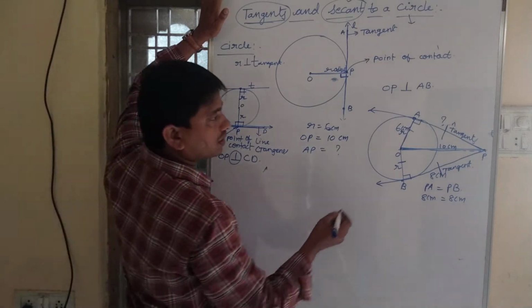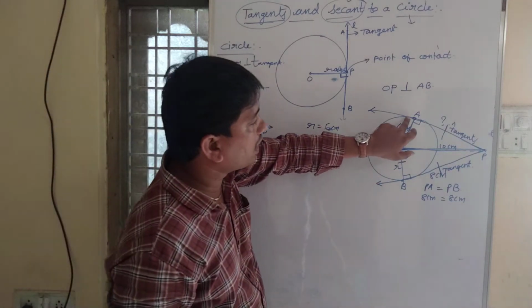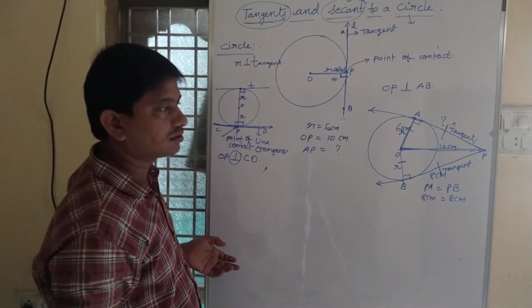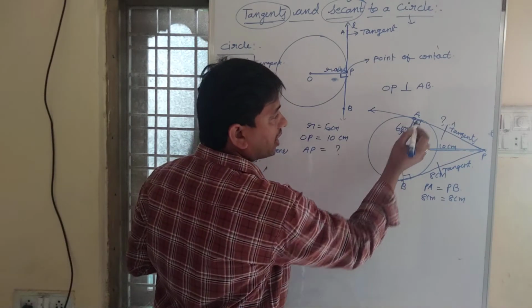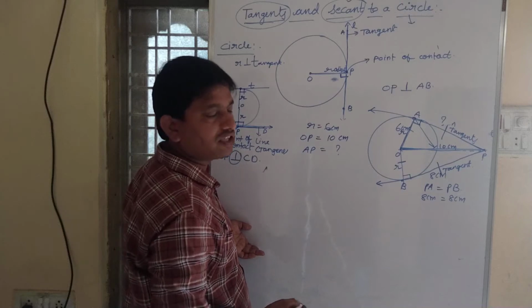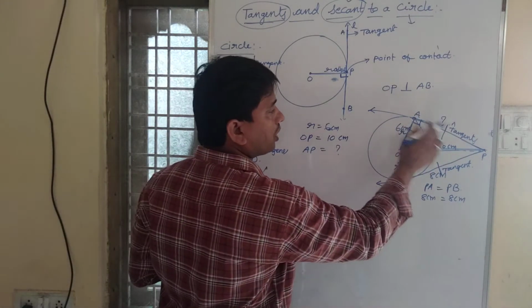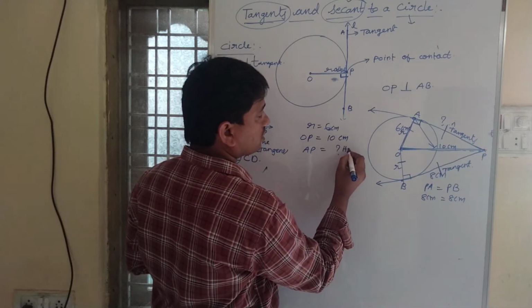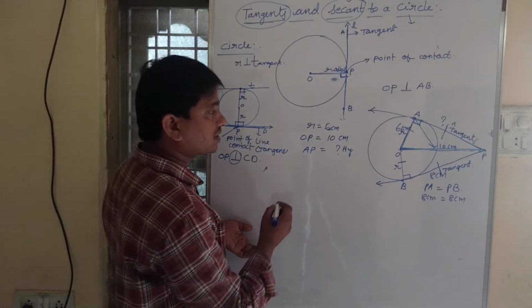If you observe here, this is our right angle triangle. OAP is a right angle triangle. The right angle is at A, and OP will be the hypotenuse. The side opposite to the right angle is called the hypotenuse. By using the Pythagoras theorem, what is the Pythagoras theorem?